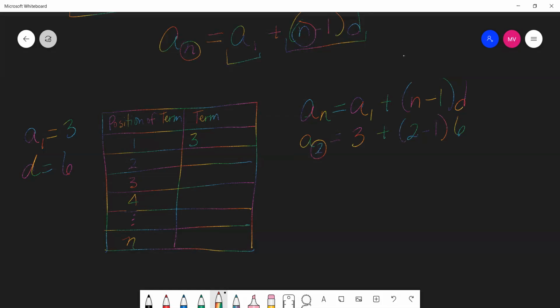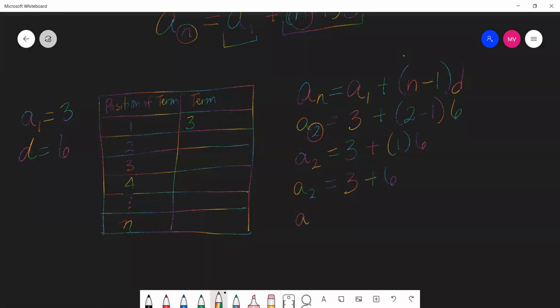Okay, so let's simplify. Position 2, we're calculating the term. 2 minus 1 is 1 times 6. I'm doing this in baby steps here until we get comfortable. 3, again, that's the first number in our sequence, that's A1. 6 times 1 is 6, so that's our difference.